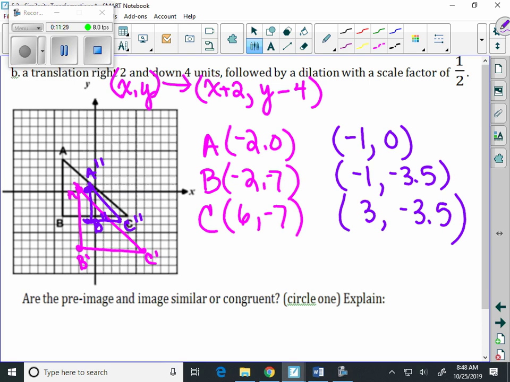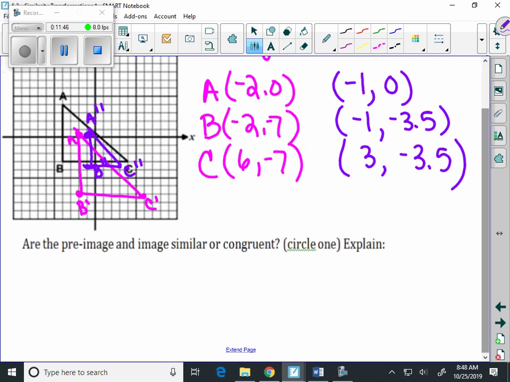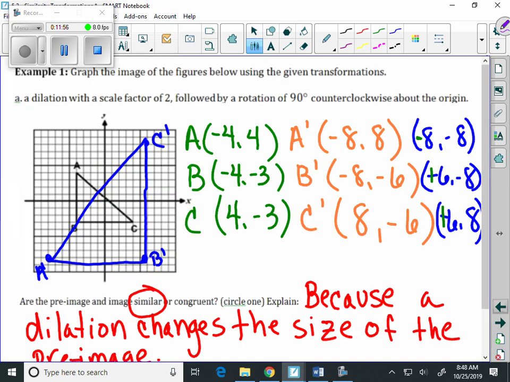And once again, what I want to stress, when we answer the final question here, is are the pre-image and image similar or congruent? And the fact that we dilated something means it's similar. I want to look back up here at my words because I like them from the last one.